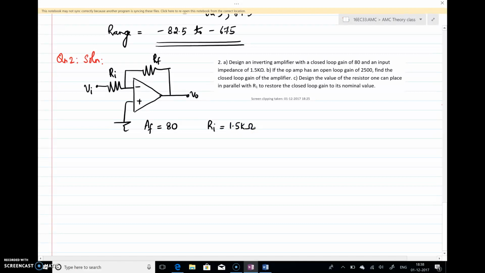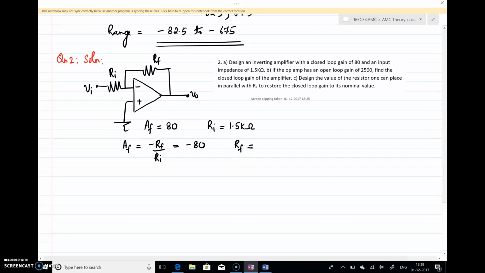Now the first part is to design an inverting amplifier with a closed loop gain of 80 and an input impedance of 1.5k. So I know that AF is equal to minus RF by Ri, which is equal to minus 80. Ri is given, so you can find RF.